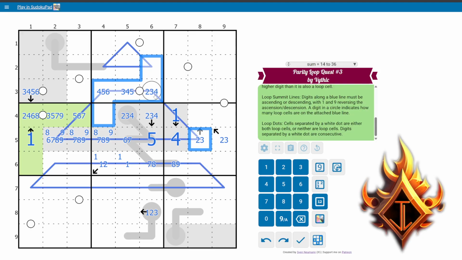That would be 2 or 4. So these would kind of all be consecutive. 4, 5, 6, or 2, 3, 4. Or we could have 2, 5, 6. Oh no, we cannot, because that is a consecutive dot.